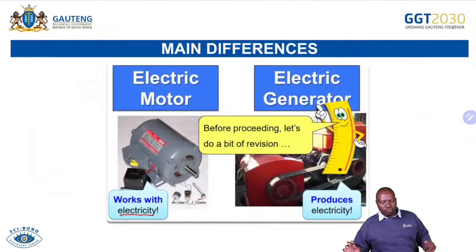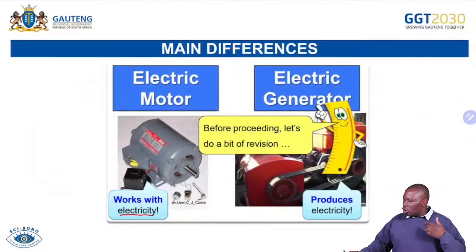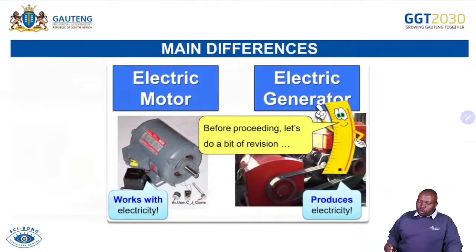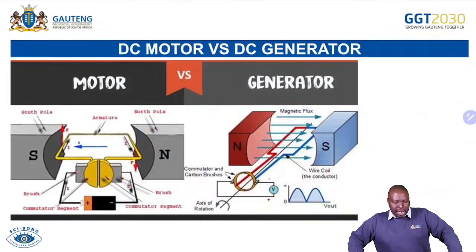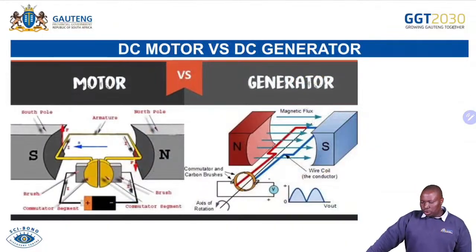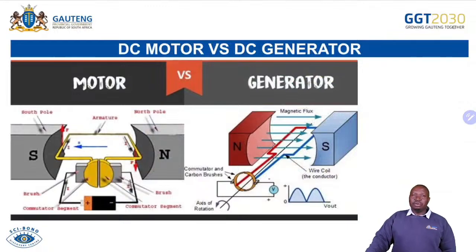You see the difference between a motor and a generator. So this is a nice section where we're expecting you to collect these marks and do very well. If you follow this lesson, I'm telling you, you will definitely enjoy it and be able to collect many marks as you are expected to.